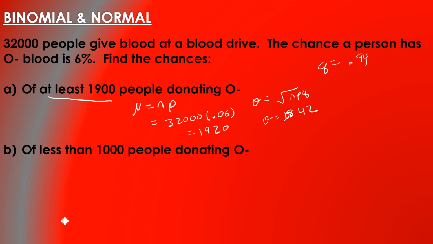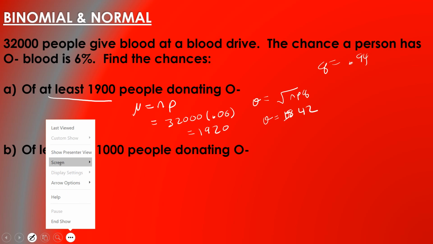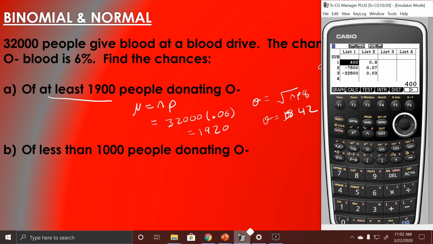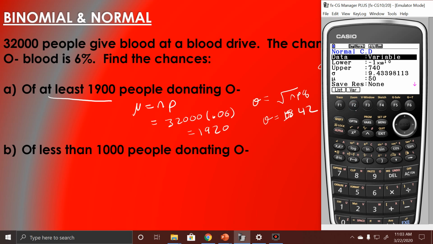So I go into my calculator, into my distribution. This would be your stat distribution that we want to get into. I'm going to go to normal, and norm CD, normal CDF. Our data will be variable.